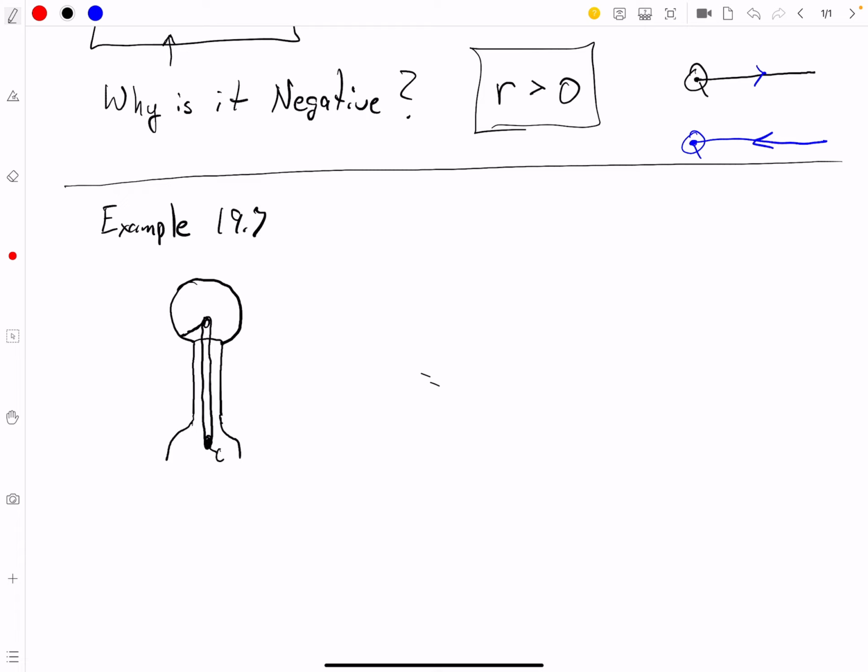So there's a little motor, turns the crank, and it takes electrons. Here's another brush. It takes electrons from ground. The symbol for ground is this little guy. And then we can measure the voltage with respect to ground with a voltmeter.